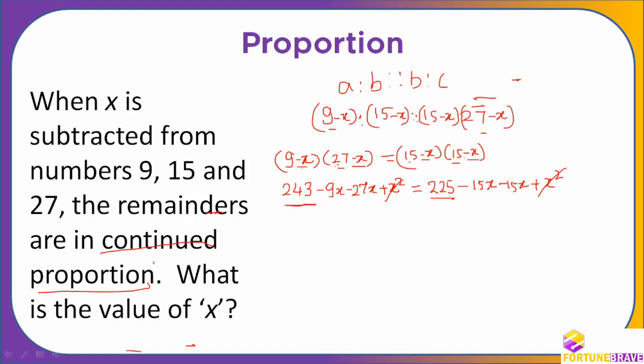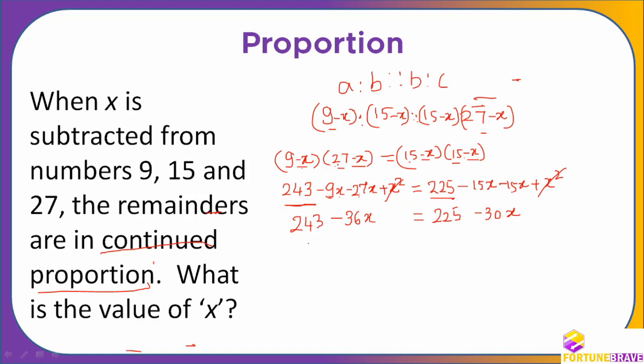That is fine. But here what will happen is minus 9x minus 27x. It will become minus 36x. Okay, and on this side what will happen? Minus 15x will become what? Minus 30x. And these will be as usual 243. So what I'll do?